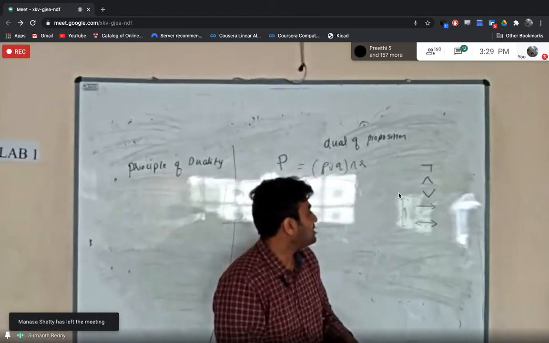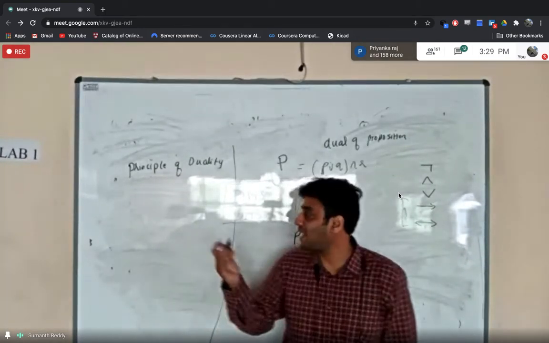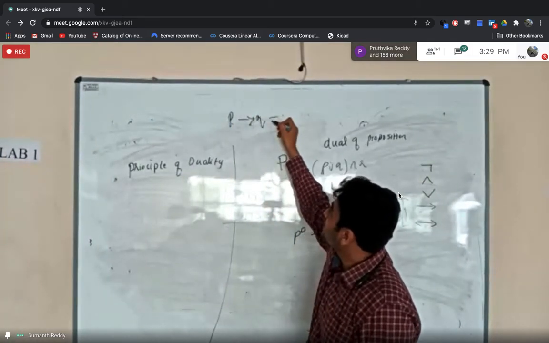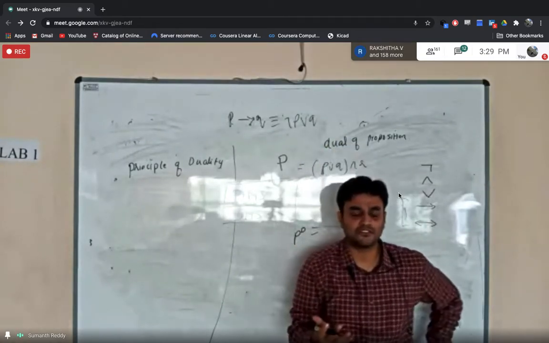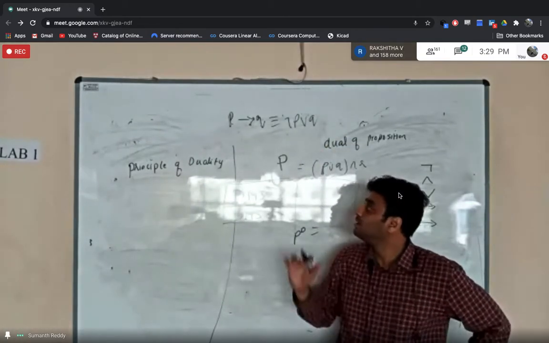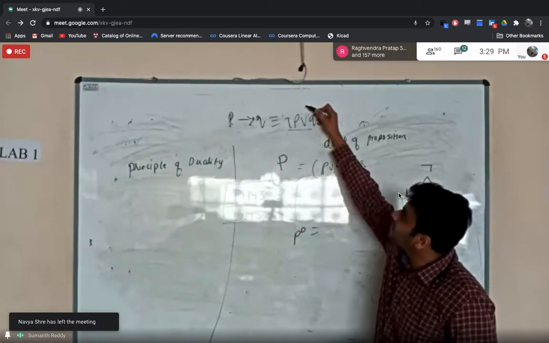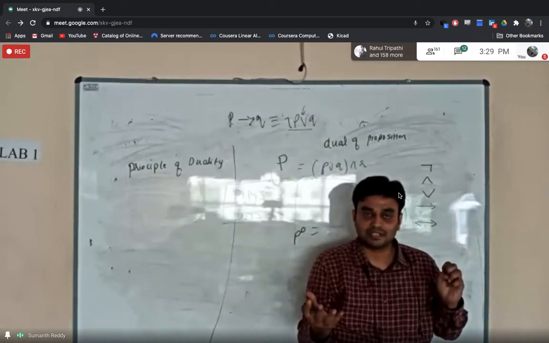Whenever you have a conditional symbol, you have to simplify it using P implies Q is the same as negation of P or Q, or you can use P and negation of Q. It's your wish. After simplifying, if you see the right-hand side, again we have only a basic connective, that is disjunction. After that, you can easily find the dual.